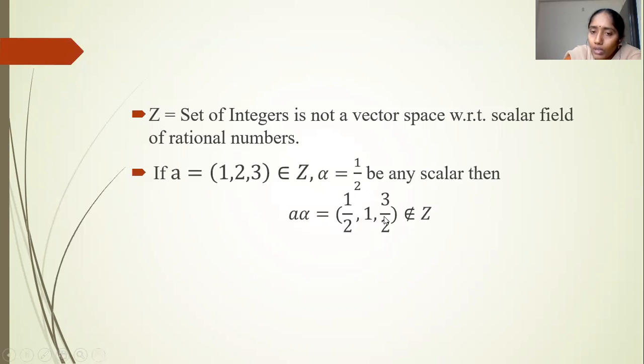These elements are not in the set of integers, so it does not belong to Z. So Z is not a vector space over the rational numbers.